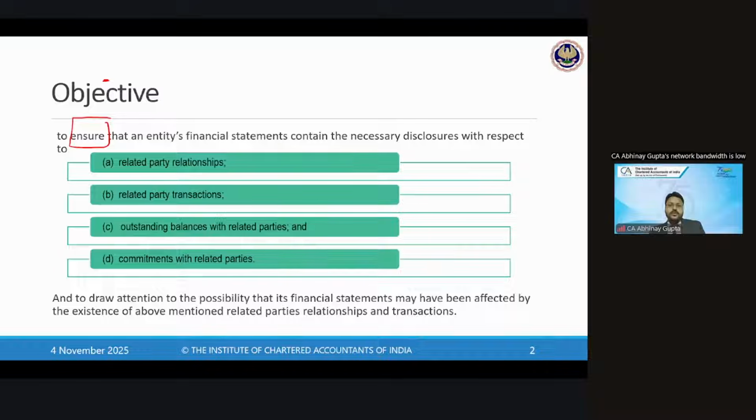When we talk about related party transactions, we generally tend to think that something fishy is going on, or something not appropriate might be there. In case any transactions are affected because of some relationship between the two entities, those transactions might not be true in nature.